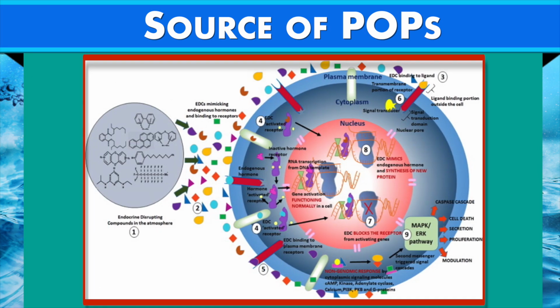It is interesting to note that apart from POPs, there are several other endocrine disrupting compounds that are not persistent in nature. However, due to their pervasive usage and continuous influx in the environment, they are termed as pseudo-persistent compounds.